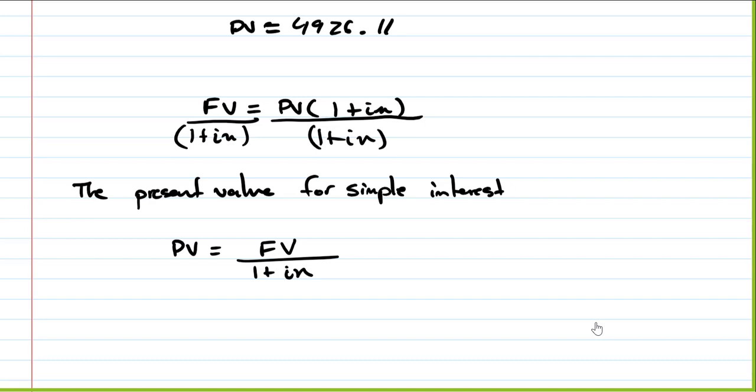We were using algebra to solve for that, but there's no reason to have to go through that every single time when we can just use a formula for the present value. This also has the equivalent form given in annual terms. It's our future value divided by 1 plus our R times our T.